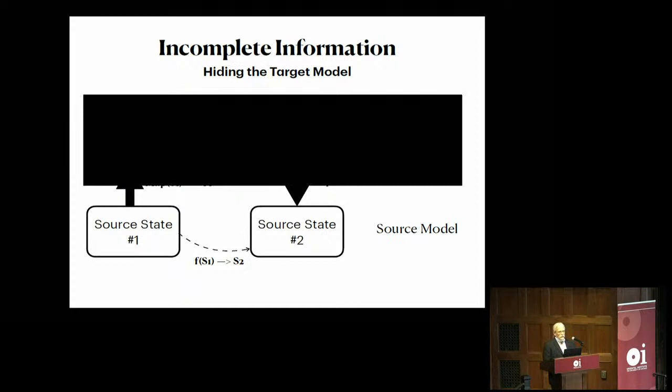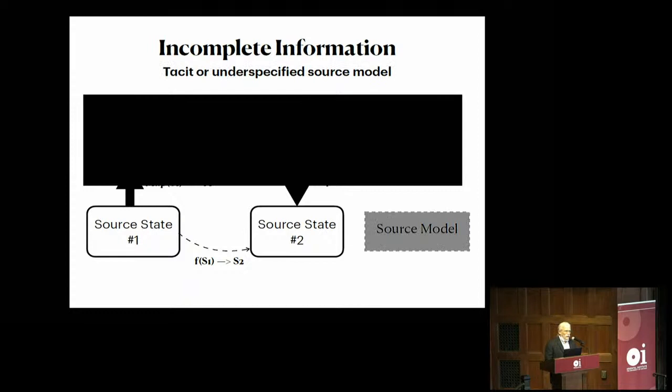Now, what happens if we hide the target model? What happens if we say, well, this is our secret, and you can enter into the subway system and you can tell us where you are, and we'll give you a set of instructions on how to get out on the other side. Or, one worse, what if the source model's implicit?